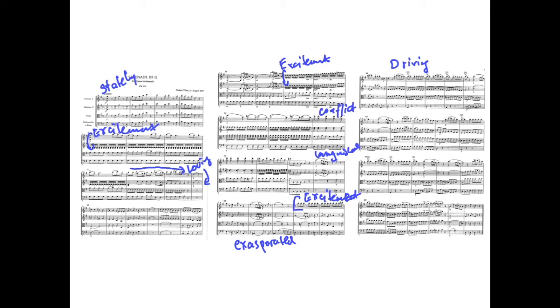That conflict. And how does he resolve the conflict? It sort of feels laboured, exasperated. But there is a glimmer of hope. The excitement comes back with these first violins. Ooh, there's a bit of music there that's bringing us back.